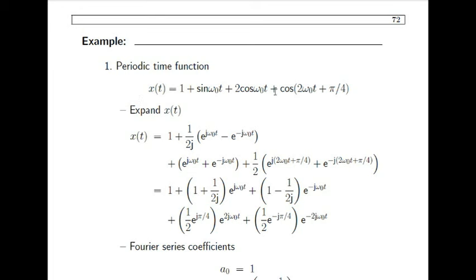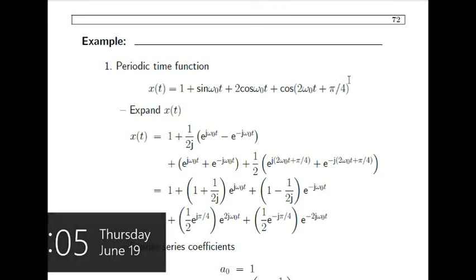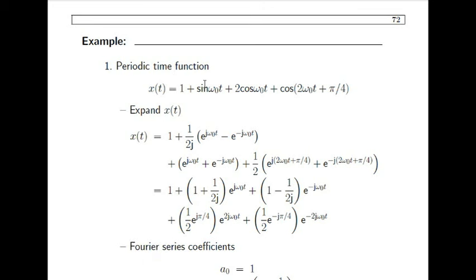I can expand this signal, with the help of sin omega naught t and cos omega naught t, in the form of complex exponentials like this. After that we can combine all the complex exponentials like this. So this equation gives us the Fourier series coefficients of this input signal.